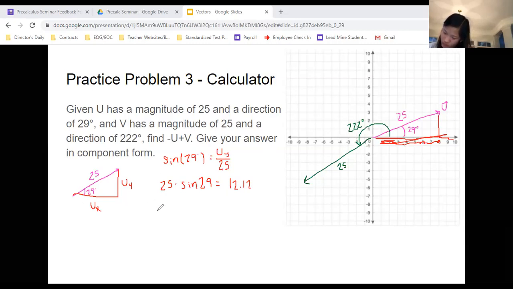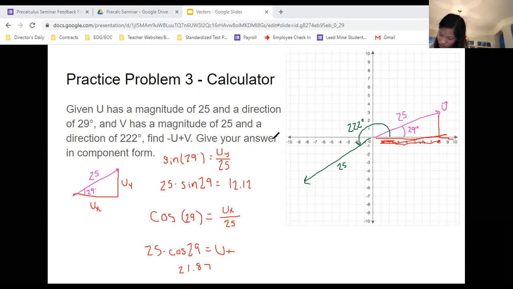To find the x component, I'm going to set up cosine of 29 degrees equals adjacent, or my x component, over my hypotenuse, 25. I can solve that for 25 times the cosine of 29 equals my x component. So my x component should be 21.87.